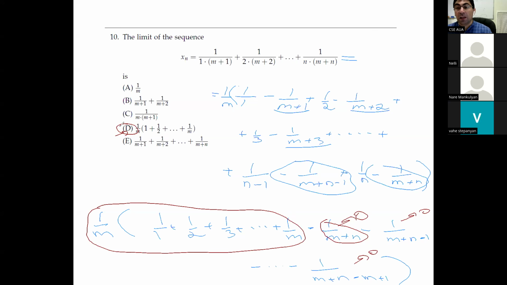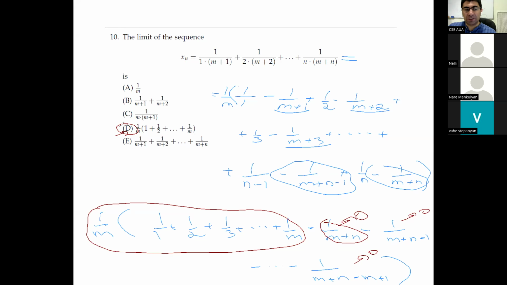Okay. Another easy way to solve this exercise, guys, is the following. Choose m equal to 2, 3, 4, some constant. Plug in any constant m you wish. And then eliminate wrong answers. When m equals 2, we have 1 over 1 times 3 plus 1 over 2 times 4 plus 1 over n times n plus 2.